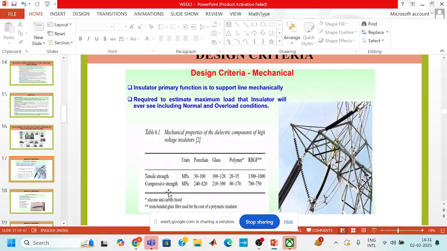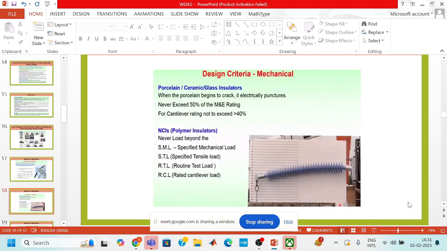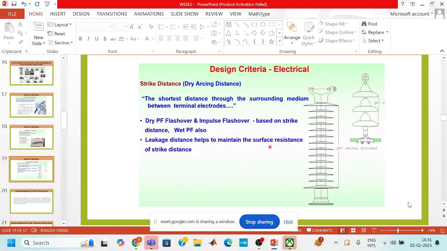The second is compressive strength. For porcelain it is 240 to 820, for glass 210 to 300, and for this type of polymer 80 to 170.